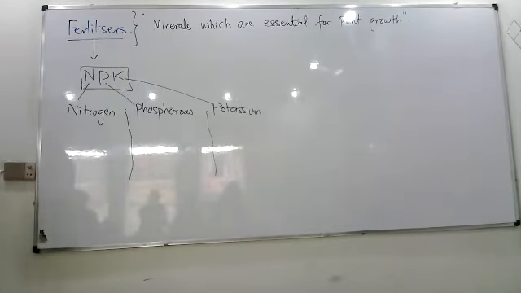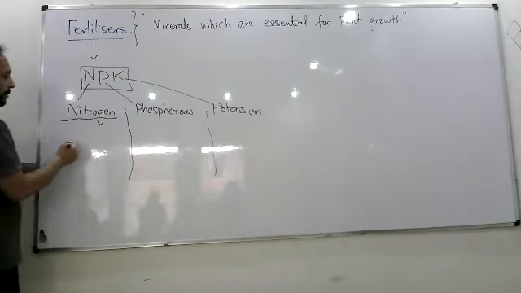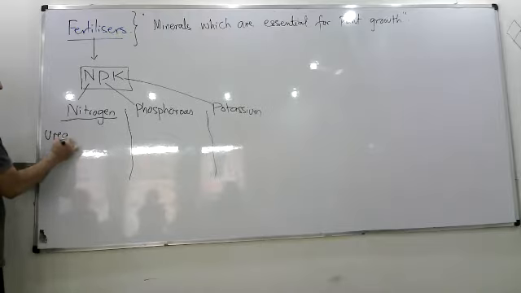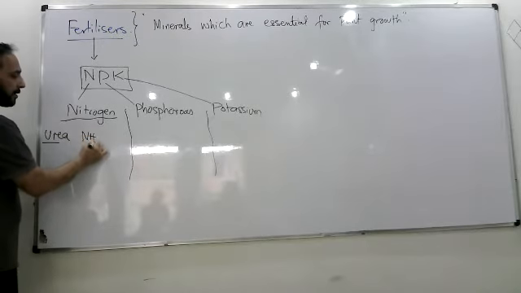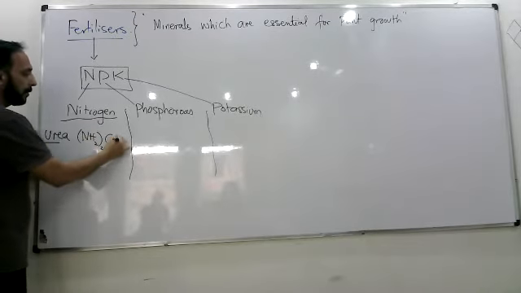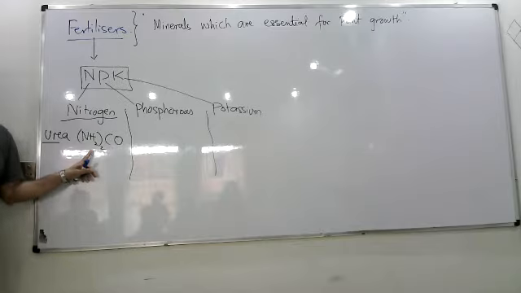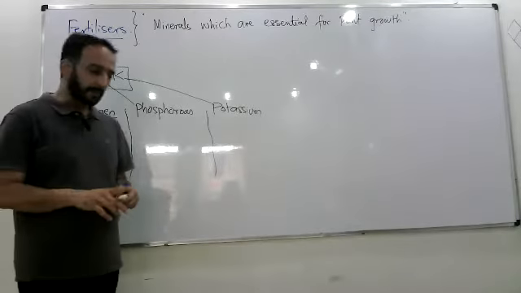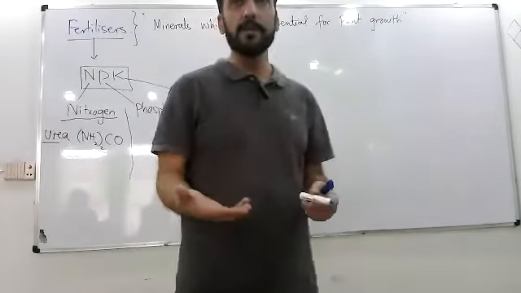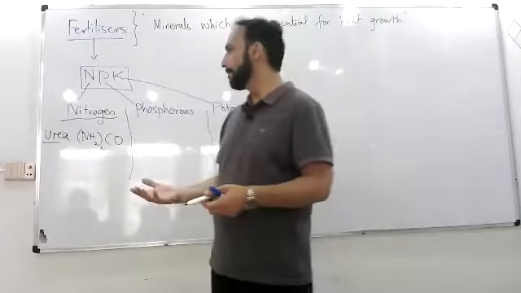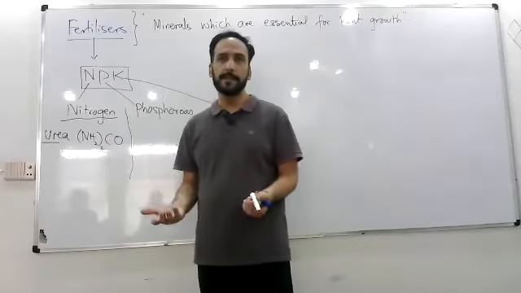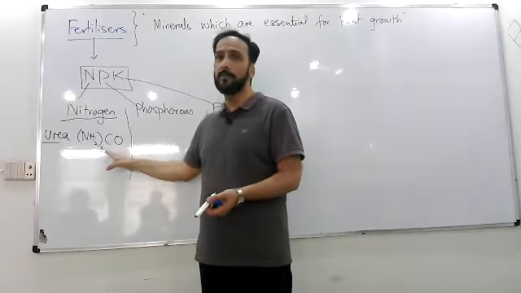What you need to know and remember is that nitrogen's most important fertilizer is this urea, which is actually NH2 twice CO. If you would memorize the formula of urea, it's good. It comes in MCQs. Like which of the following is a good fertilizer? So if it's written in words, then that's very easy, but mostly they give it in the form of formula.